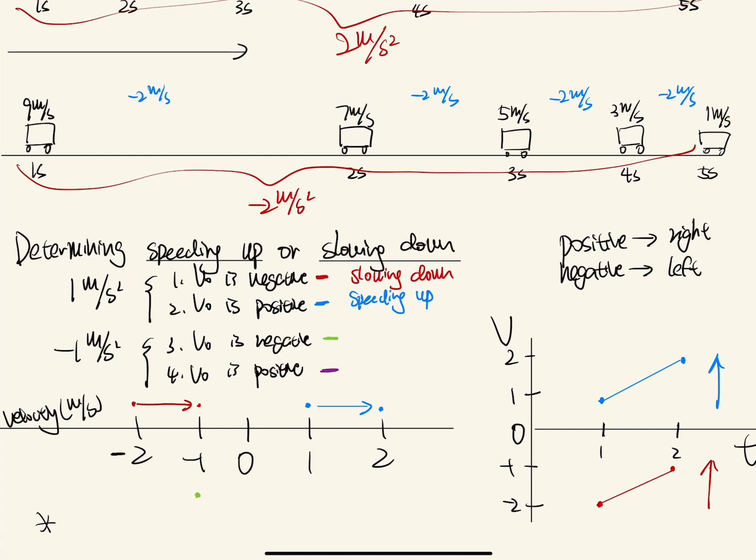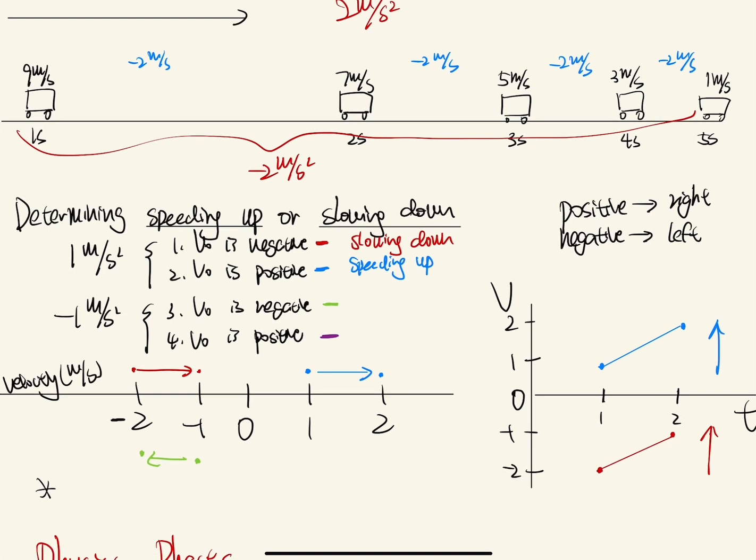So at t equals 2, the velocity is negative 2 meters per second. And if we plot it on the VT graph, we can see the data point is getting further from the x-axis, so it's speeding up.